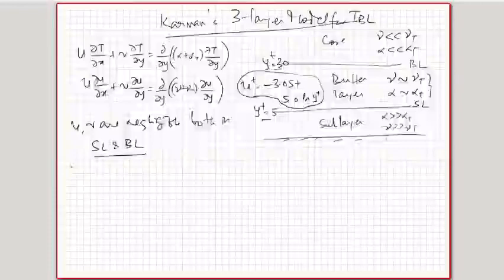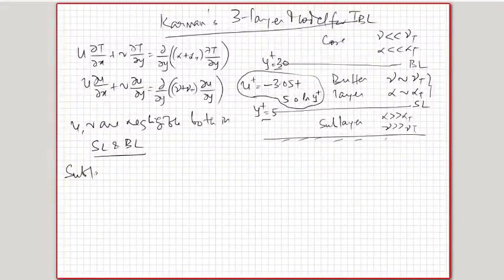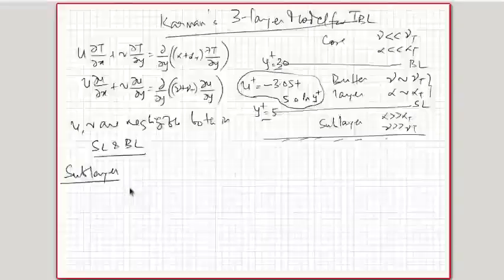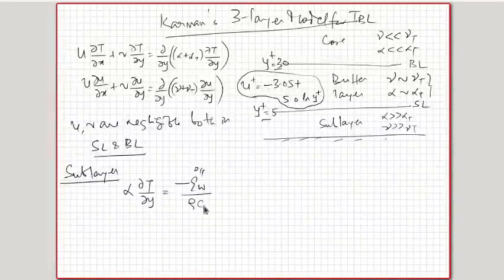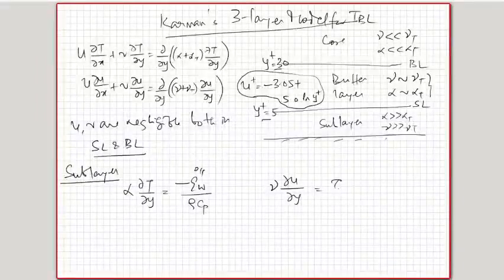So in the sublayer, we can say that alpha t is negligible. So alpha del t by del y is minus q dot double prime wall divided by rho Cp, and nu del u by del y, because nu t is negligible, is equal to tau wall by rho.